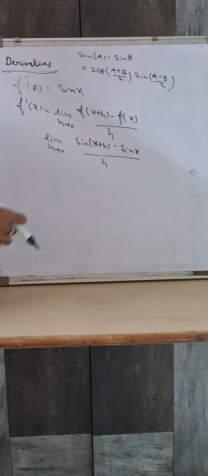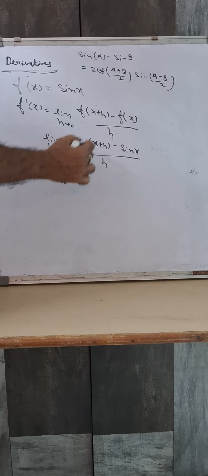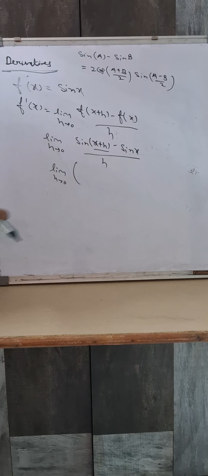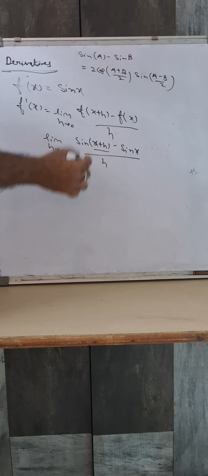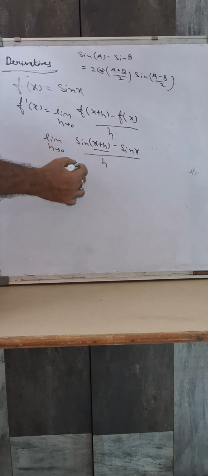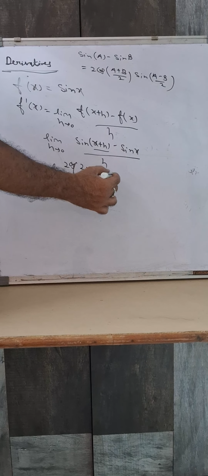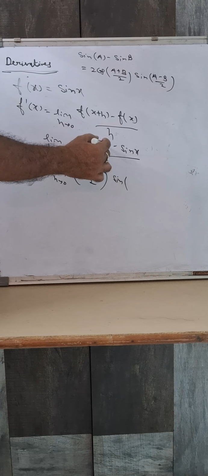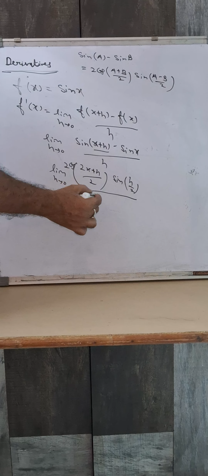So apply it here from the formula of sin a minus sin b. That will be limit h tends to 0. Here x plus h is a and x is b. So 2 cos((x+h+x)/2), that is (2x+h) by 2, sin((x+h-x)/2), x cancels out, h by 2, upon h.